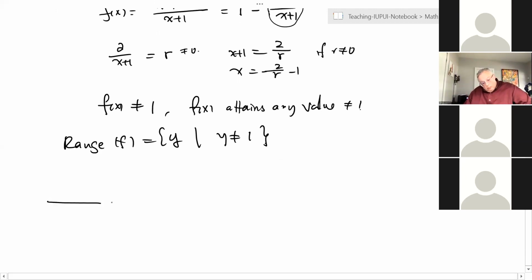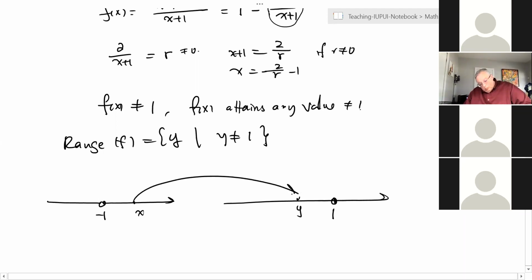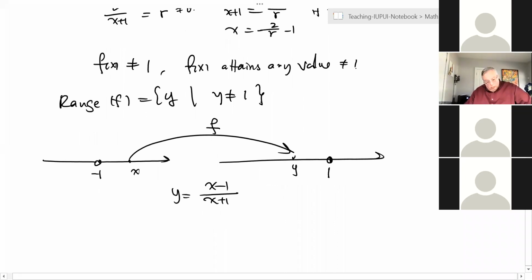So the range and the domain. x cannot be negative 1, right? So this right here is x, and here y cannot be positive 1, okay? This is any y, right? So it's going to be like that, given by y equals x minus 1 over x plus 1. That's the relation, right? That's the whole picture for the function. Okay.